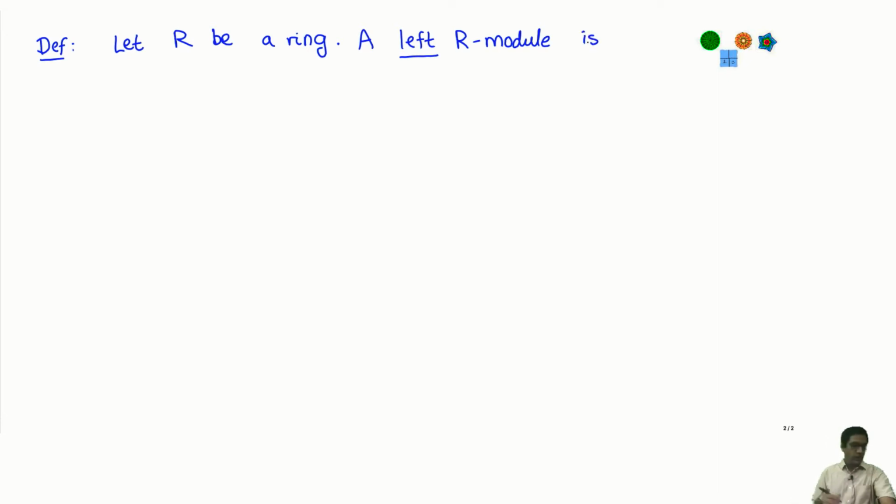A left R module is the following: it is an abelian group. First, it is an abelian group. Let me call it M, and let's denote the group operation by plus, so it's commutative, together with a map.